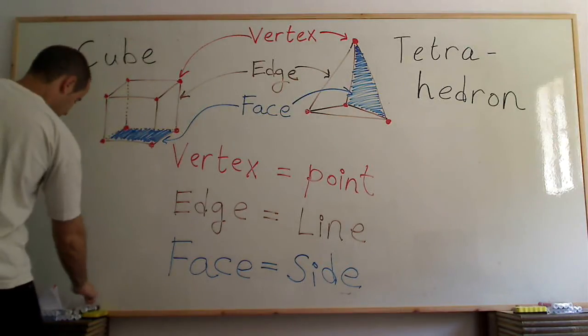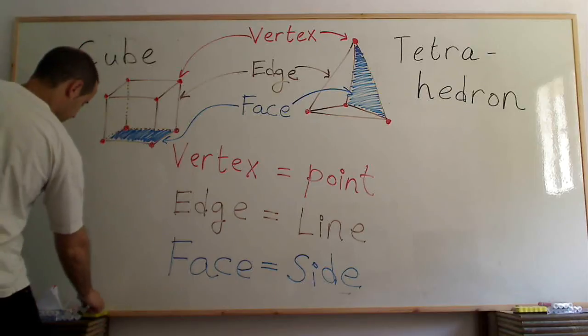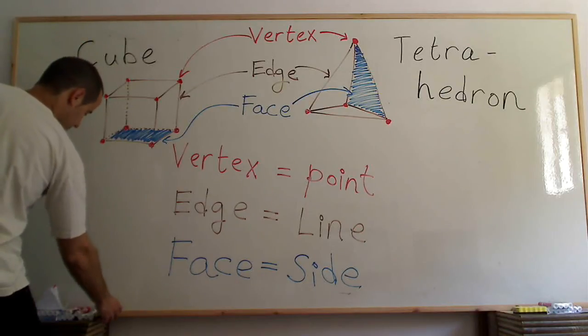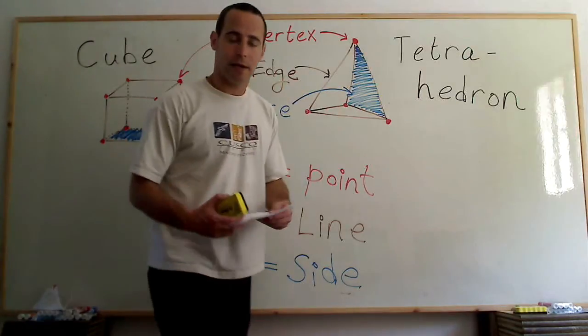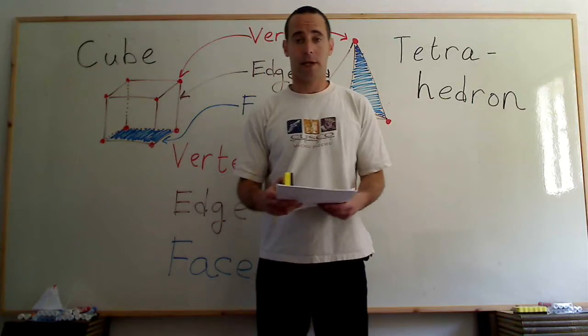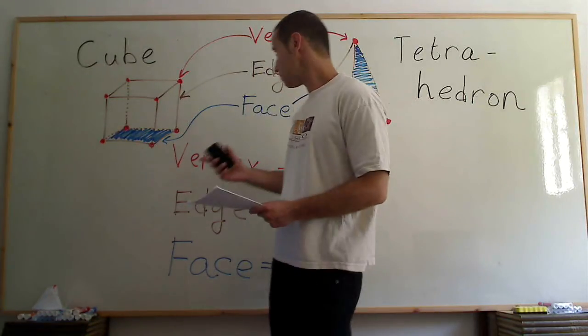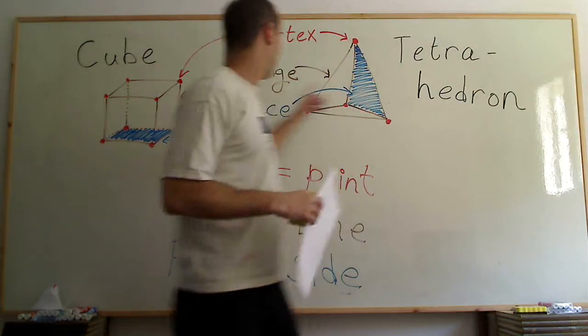Now, in the same way, I'm just erasing so I can show you the other Platonic solids, shapes that are like the tetrahedron and like the cube.